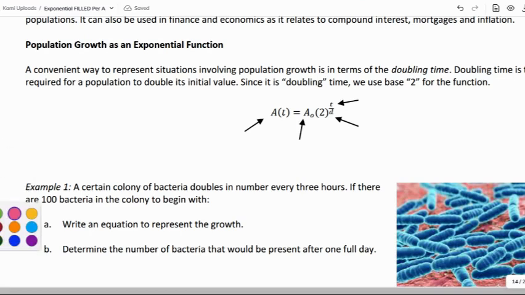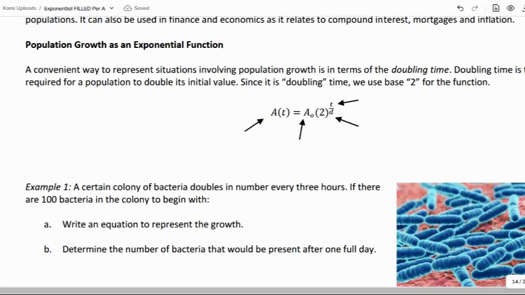Has anyone heard the term, what do we say, half-time? Because on Monday, we're talking about exponential decay. Yeah, half-life.